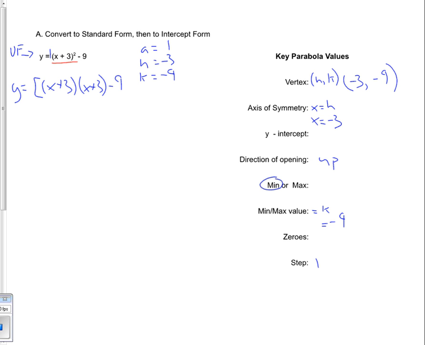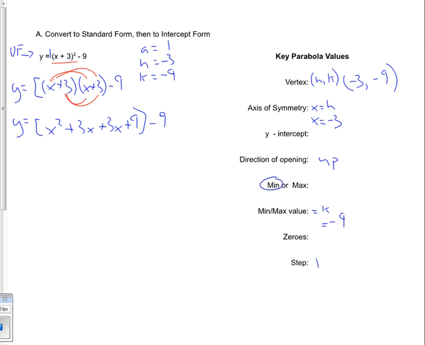Then I'm going to use my FOIL pattern, and I'm going to do x times x, x times 3, 3 times x, and 3 times 3. That's going to leave me with x squared plus 3x plus 3x plus 9, all minus 9.